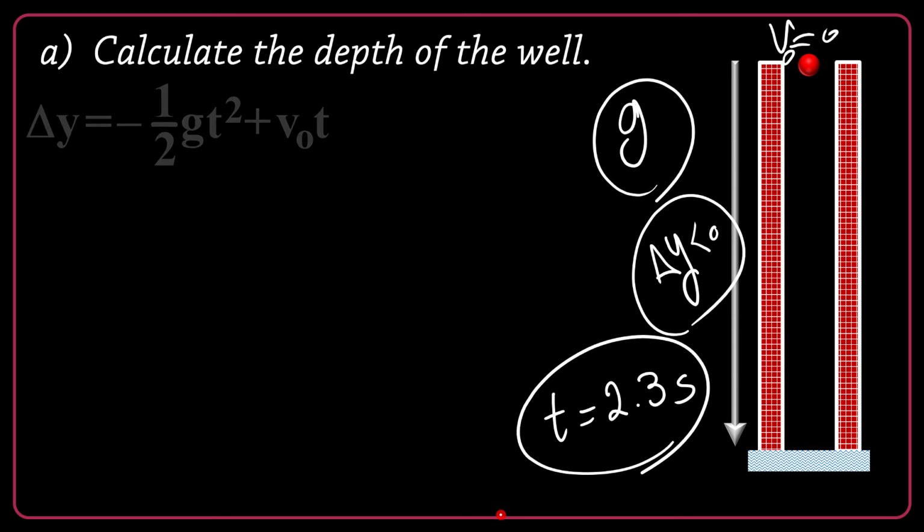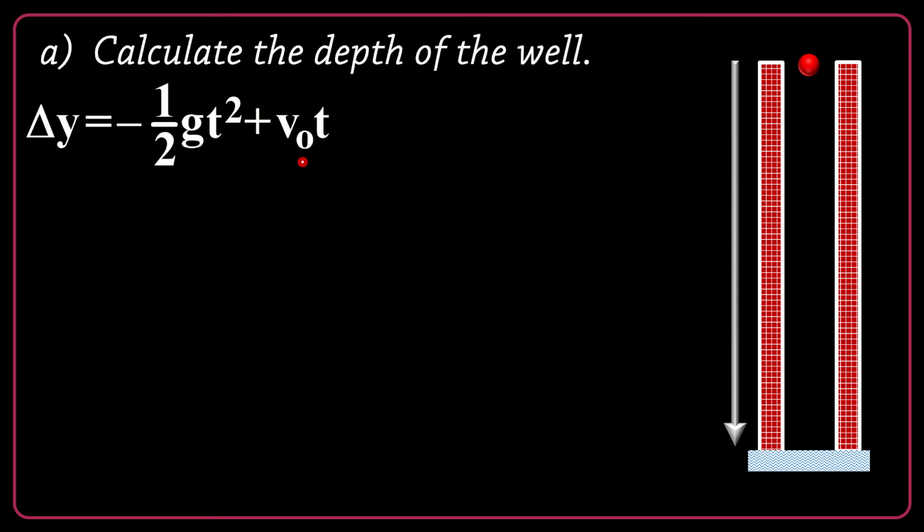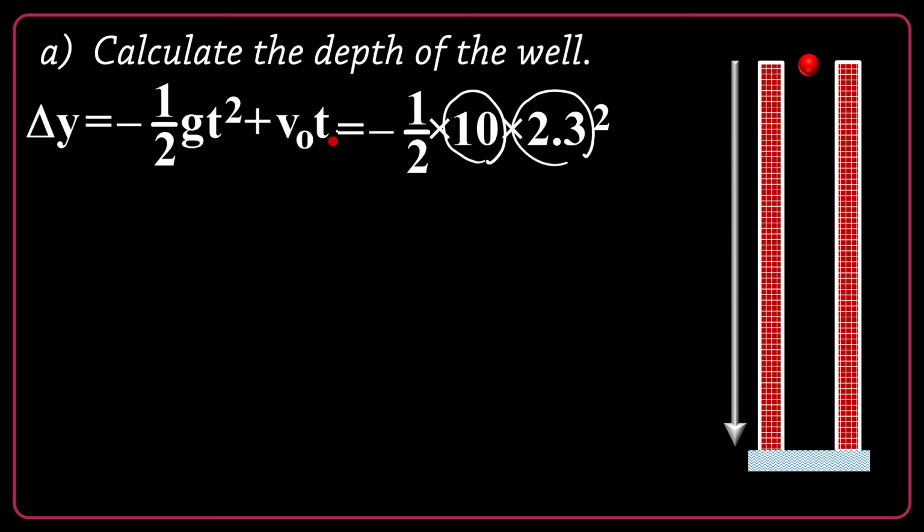Let's connect them with this equation again. Delta y is equal to -½gt² + v₀t. We know everything except delta y. You see the right side, all the quantities are given. Let's plug in the values. Here g is 10 and the time is 2.3, but forget about the v₀ as it starts from rest, so v₀ is 0.